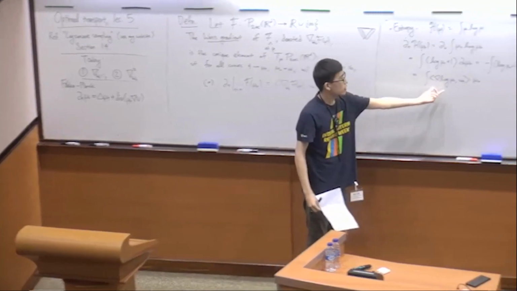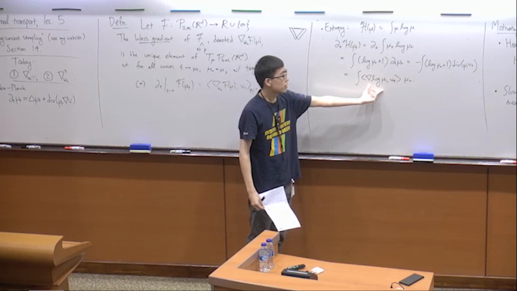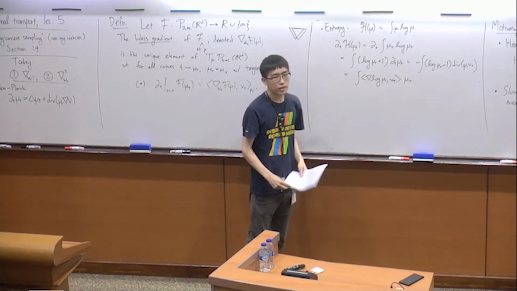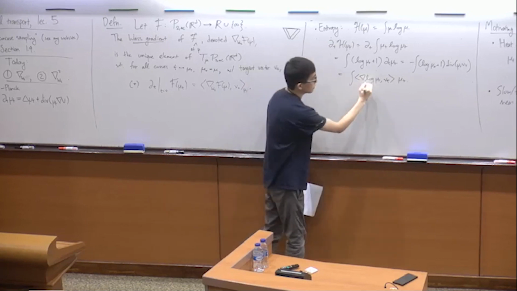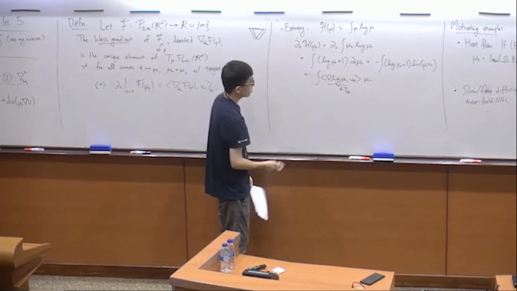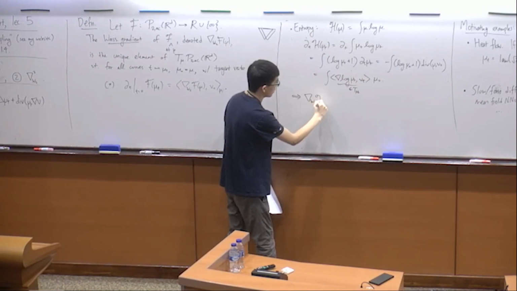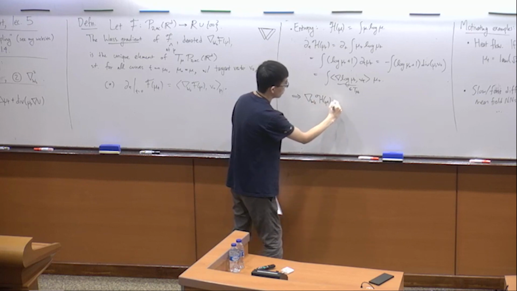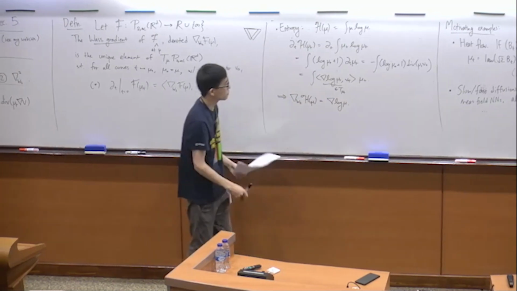So this grad log mu t gives us our candidate for the Wasserstein gradient. And since it's obviously again the gradient of a function, I know it belongs to the tangent space. So formally, what I've shown here is that the Wasserstein gradient of the entropy functional at mu is the gradient of the log density.